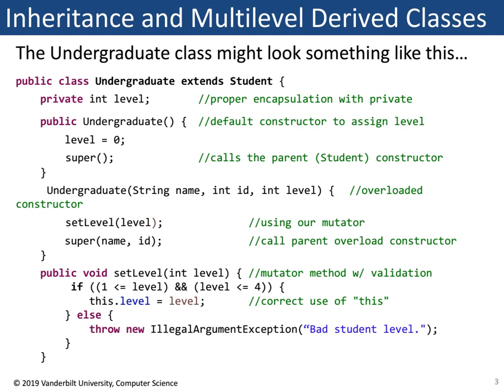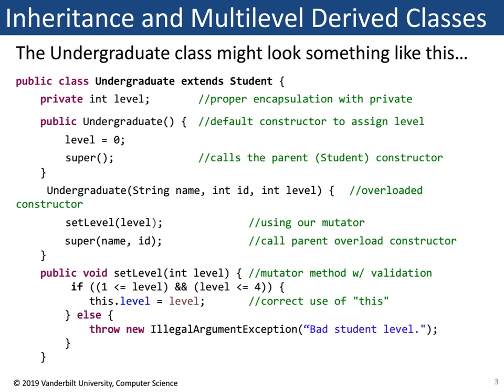We need to add a default constructor for our undergraduate class. We will initialize level to 0, and we will call the super constructor. So this will call the constructor in the student class. We'll have a second undergraduate constructor.